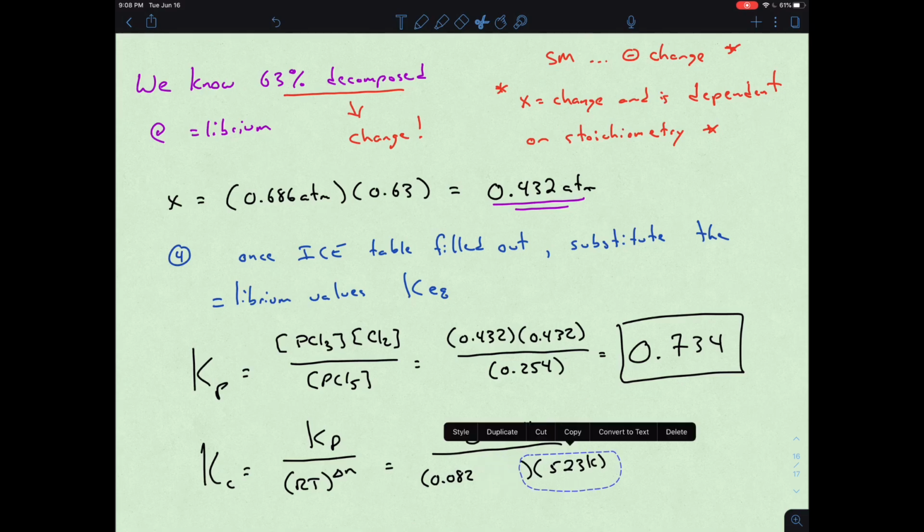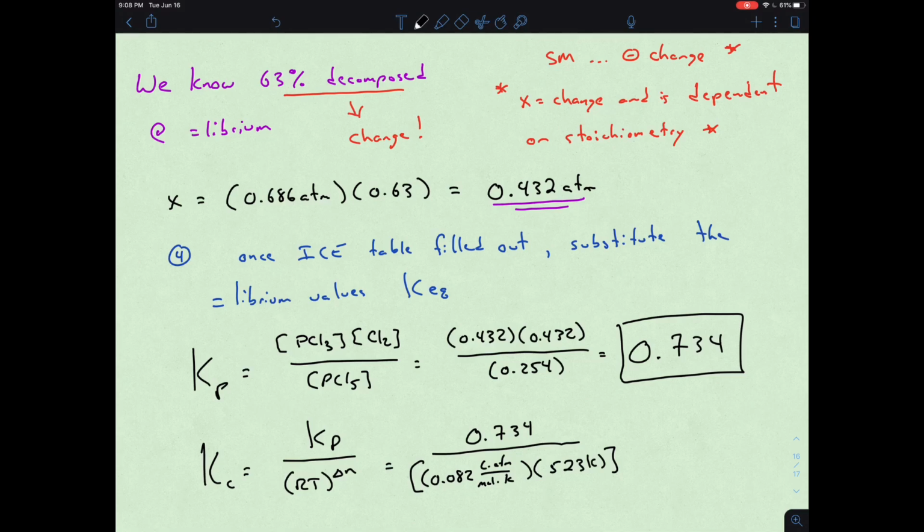Sorry, I always like to write units for those, at least those two. I'm just kind of used to it. And we're taking that whole value raised to the first power.